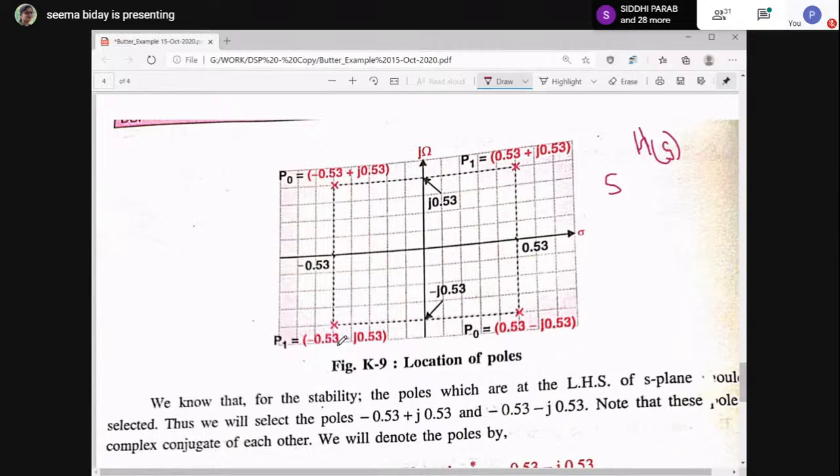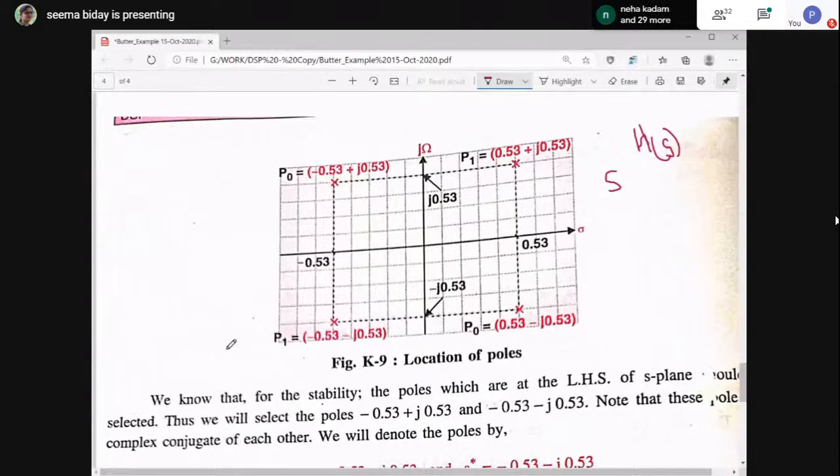So who will tell me what is the condition for the analog filter to be stable? Where should the poles lie? Devashri? Yes, Rahul. The poles should lie in the left half of the S plane. Here it is already given. If you read that, then also you will get it.